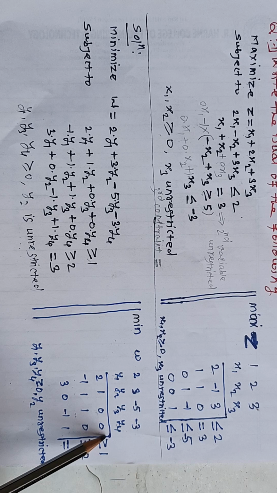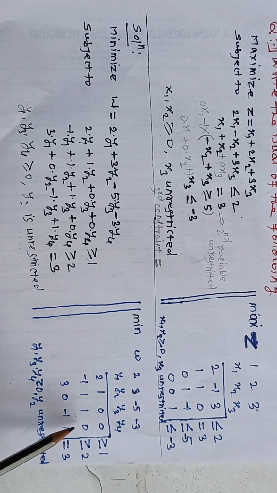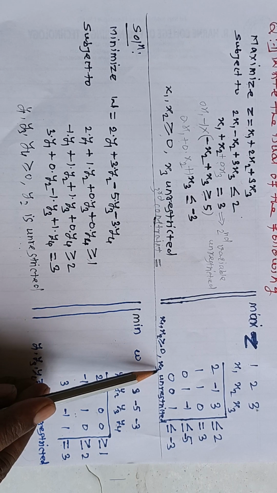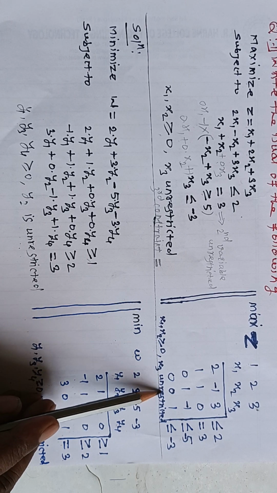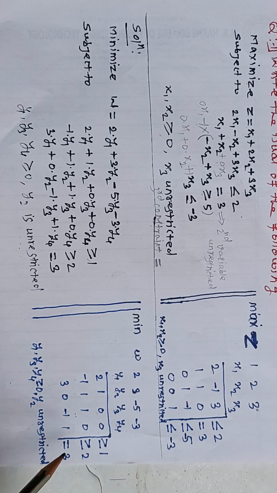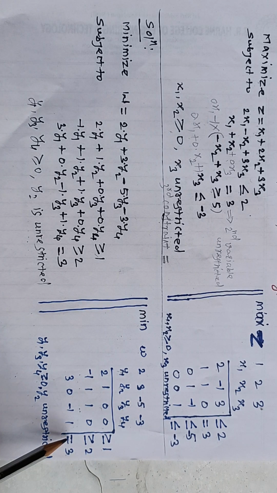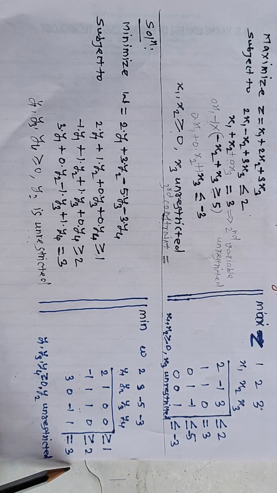Draw a horizontal line, then a vertical line, and then what we have to do? First of all, concentrate here: x3 is unrestricted, which means the third constraint must be with an equal to sign. Third constraint, this is the third constraint, it must be an equation.